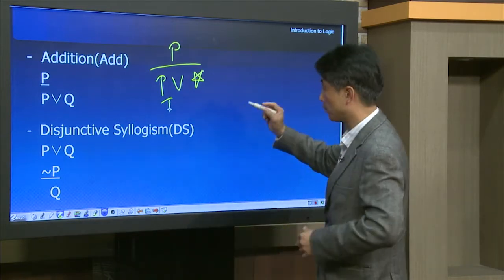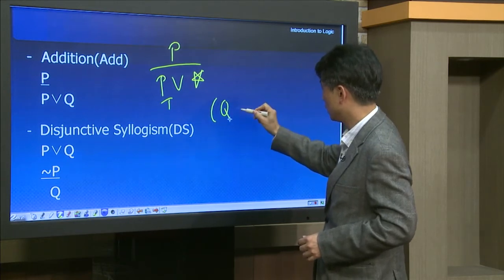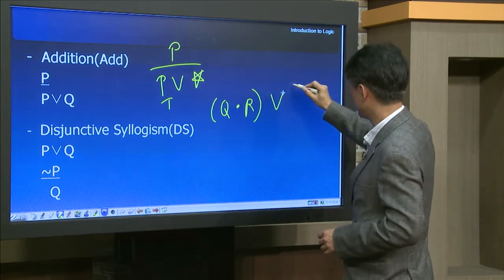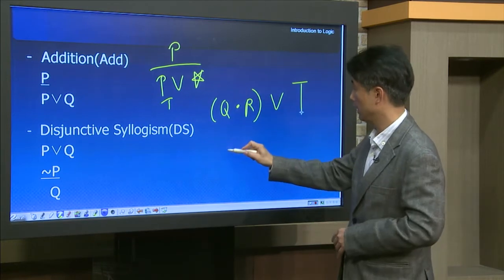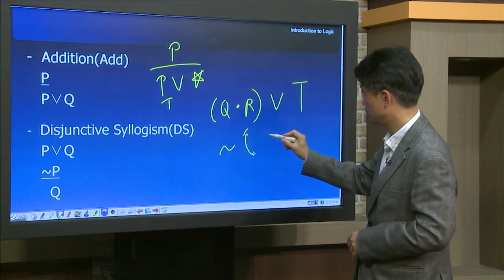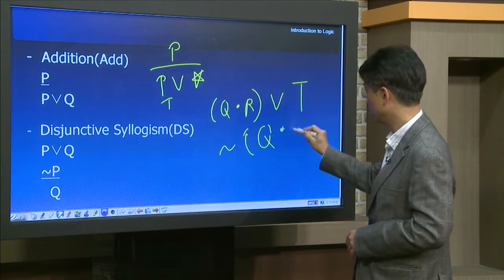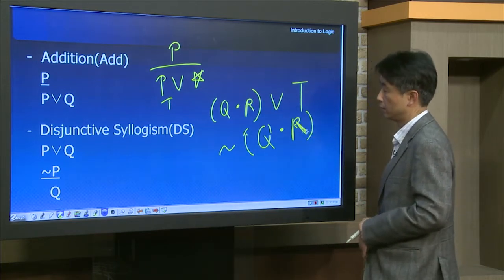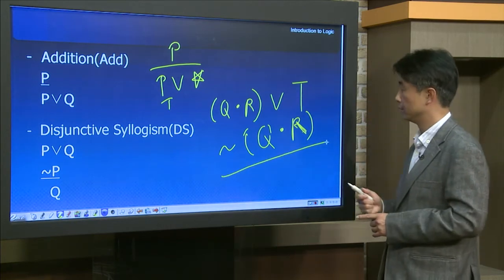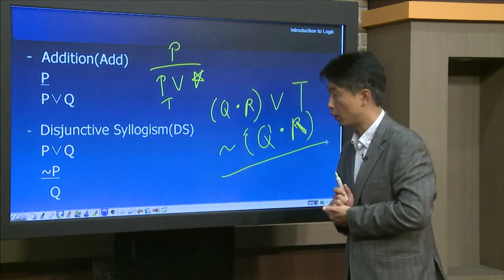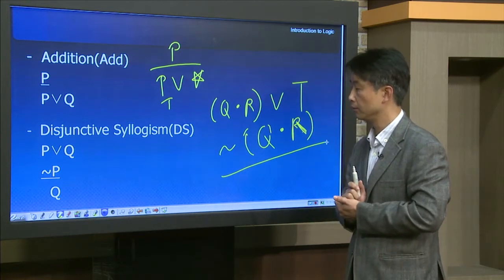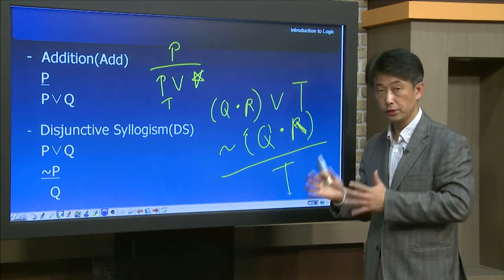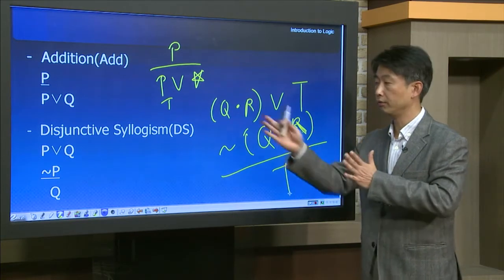For example, suppose you have Q and R, or T, and you have the negation of Q and R. Then in virtue of disjunctive syllogism, you can derive T. This is a legitimate application of DS.